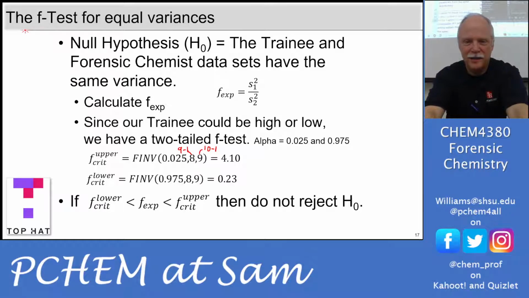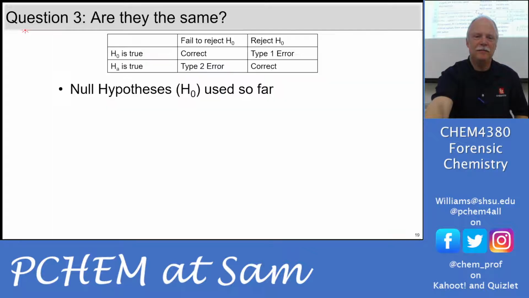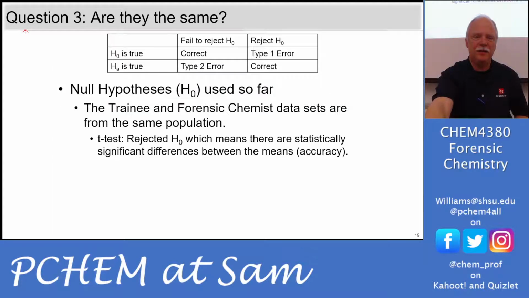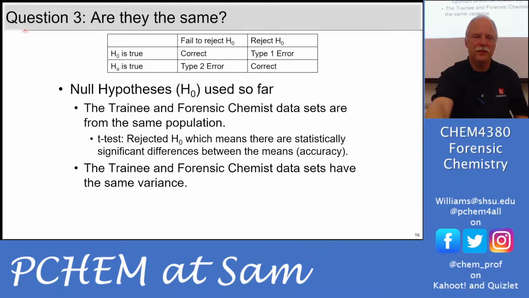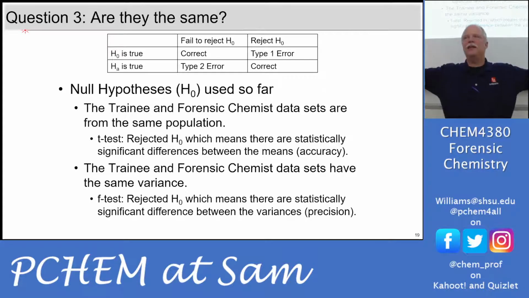My mouse's battery's dead, so it's kind of hard for me to switch around. Okay. All right, so a little bit of review. These are the different conclusions that we come to. The null hypothesis used so far is that the training and forensic chemist data sets are from the same population. We know they're from the same actual samples, but they've gone through two different technicians.